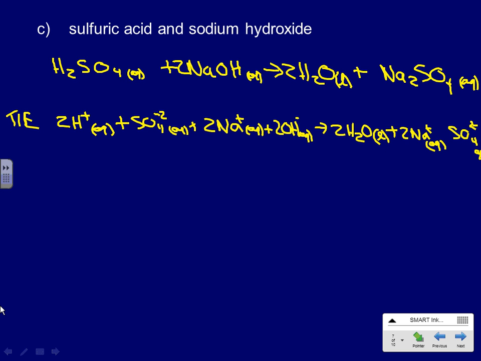2 Na plus aqueous and an SO4 2 minus aqueous. Spectators: things that are exactly the same on both sides. Which one's solid?